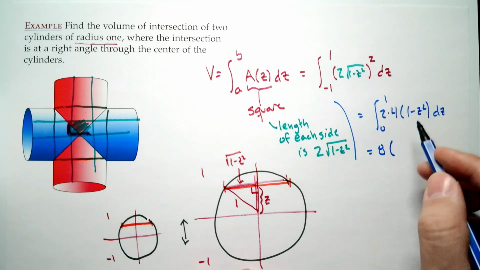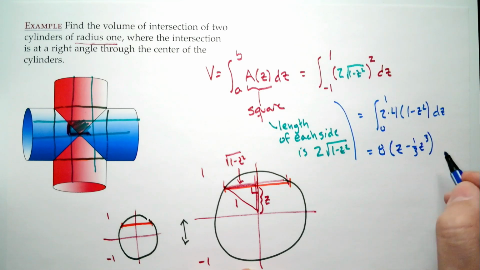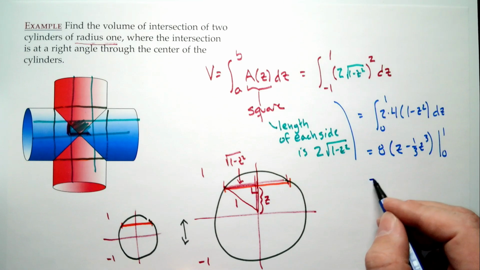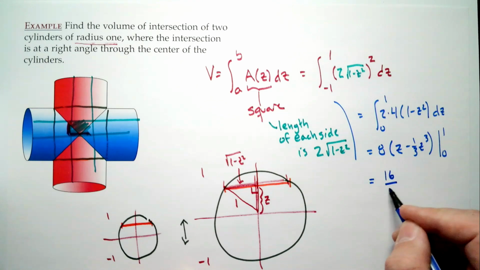Then the integral here would be z minus 1/3 z cubed, evaluated from 0 to 1. If you plug in 0, you get 0, which is nice. That's one of the reasons we like to hang out with 0. It just makes everything 0. All right, how about 1? Well, you get 1 minus 1/3, also known as 2/3, times 8, gets us 16/3.